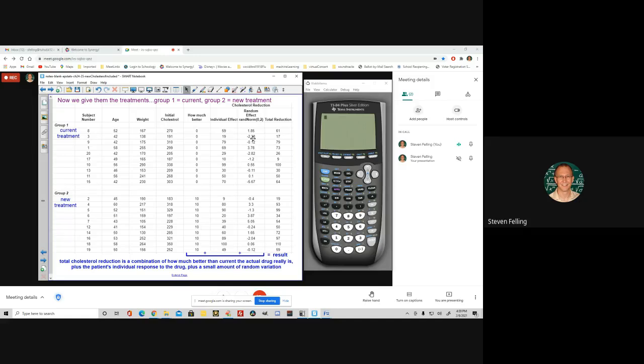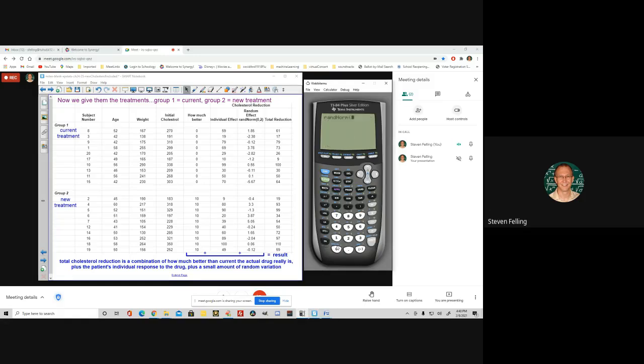And then I wanted to put a little bit of randomness in just from side to side. So apart from the fact that each patient reacts differently, right? Just whenever you do anything in the real world, there's some randomness. So I put a normal distribution here of up to standard deviation 2 amount of this. So the way I did that was with random. I went math, probability, random, normal.